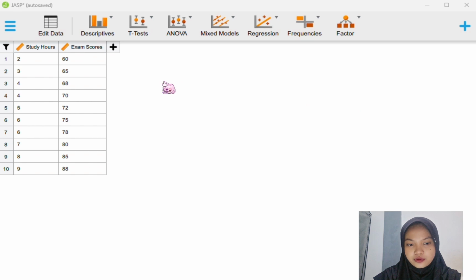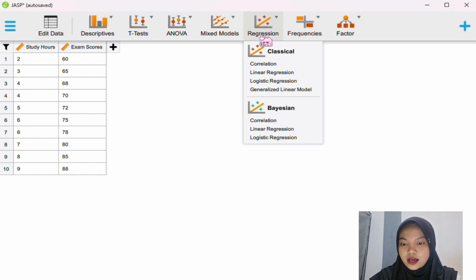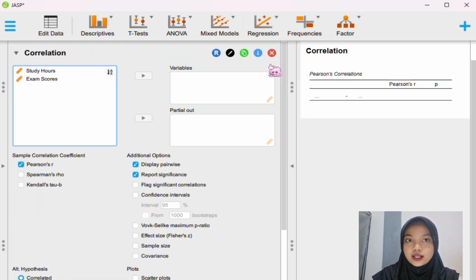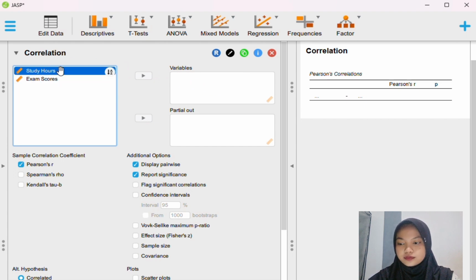Okay, after entering the data, then I choose regression and select correlation. Next, I move the variables study hours and exam scores into the variables box.